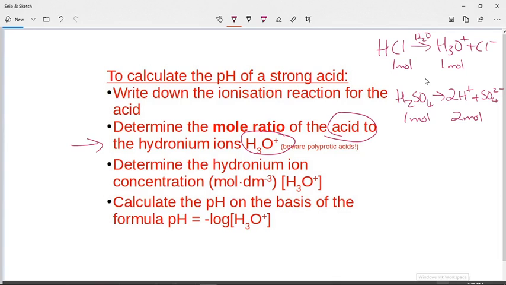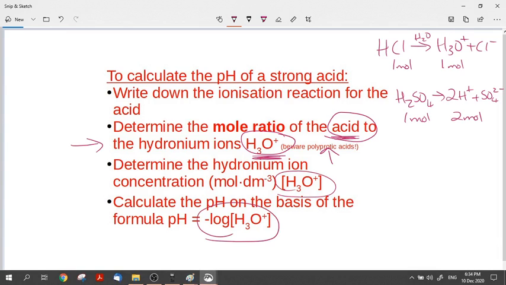So once you've got the mole ratio, if you have the concentration of the acid, you can then find the concentration of the hydronium ions using the ionization reaction, and it's mostly only a problem with polyprotic acids, okay, that you have to be careful with this. Once you've got the hydronium ion concentration, you just plug it into the formula and you will get your answer. So that's fairly straightforward.